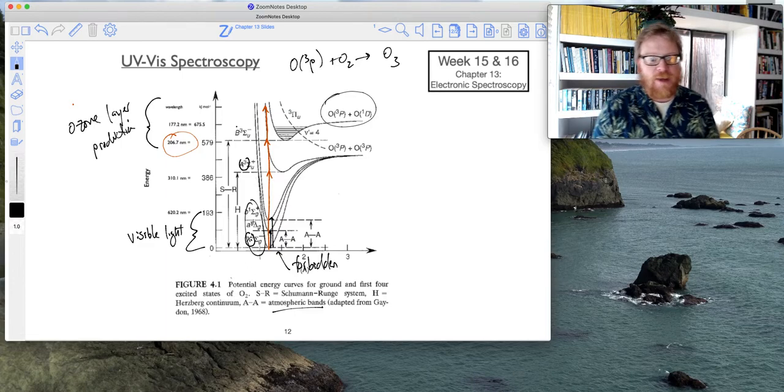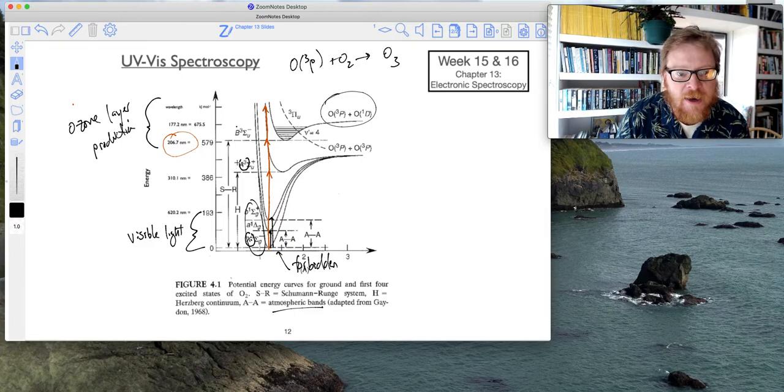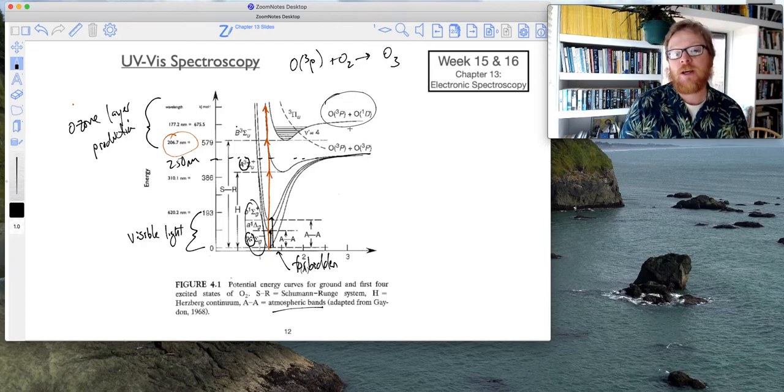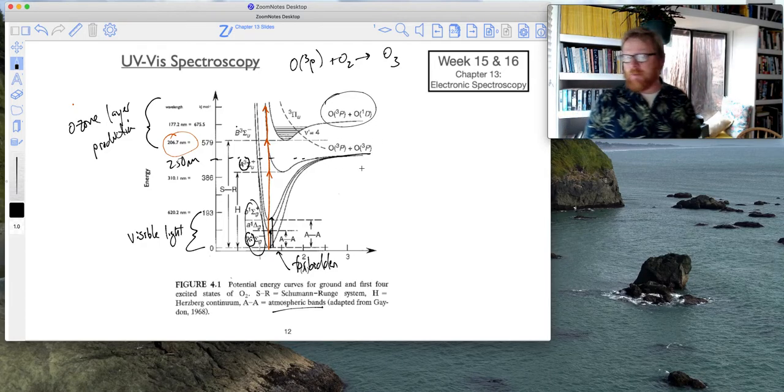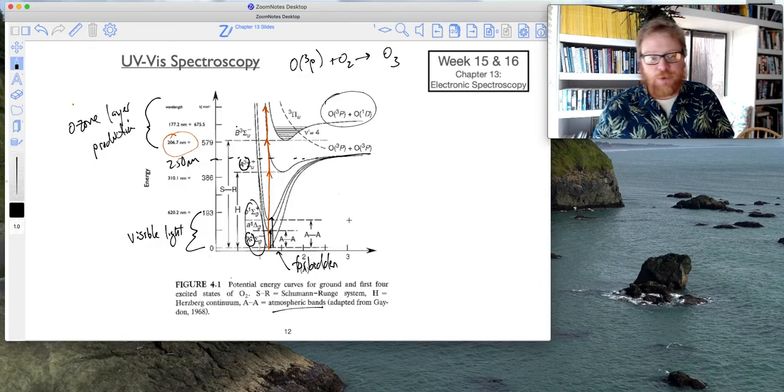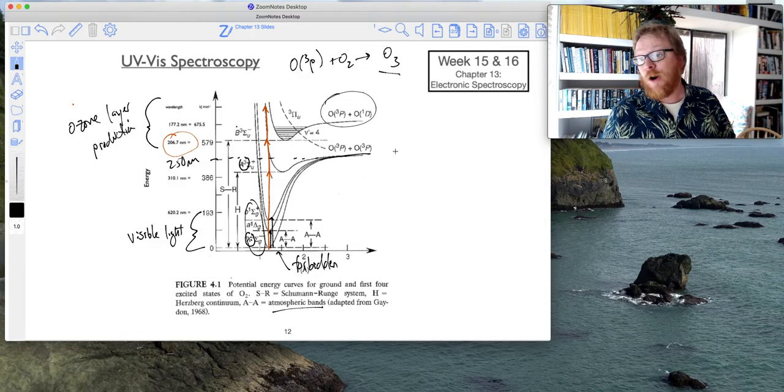And you can see also even in this Herzberg continuum, when we get to about 250 or so nanometers, that's where ozone production starts. You can see we're photofragmenting an oxygen molecule to make those O triplets, which will go on to make ozone.